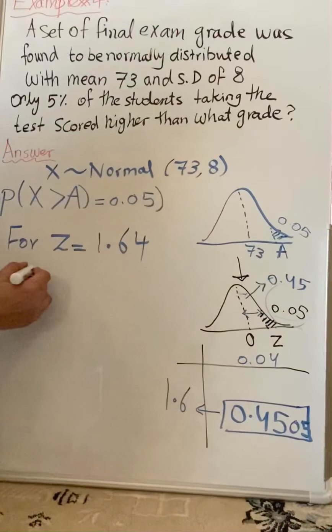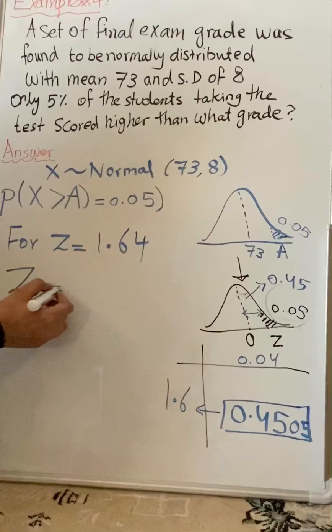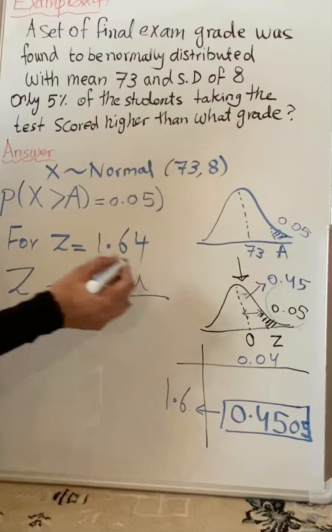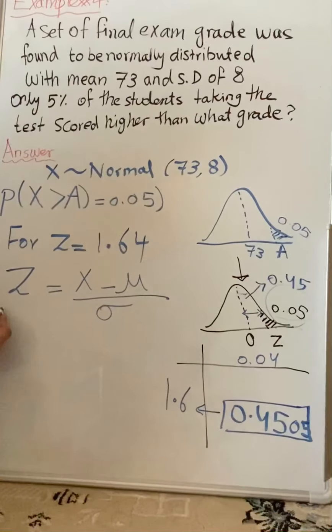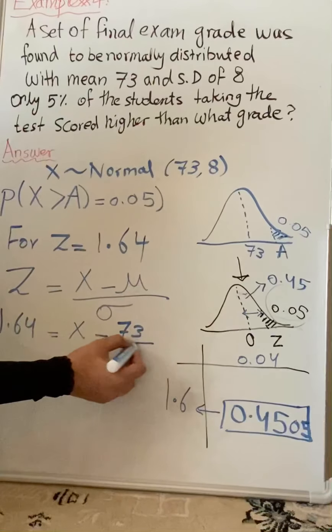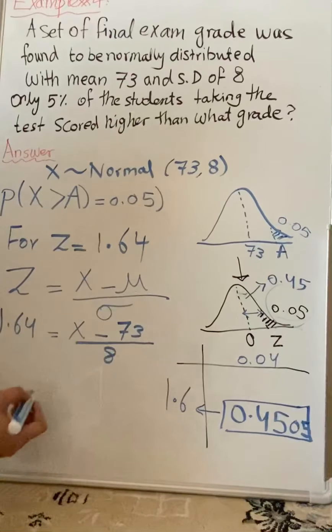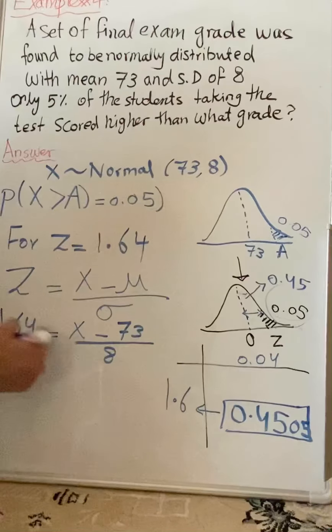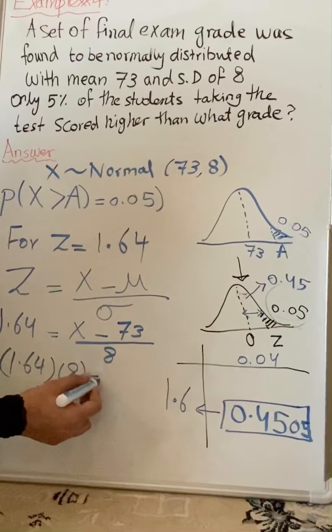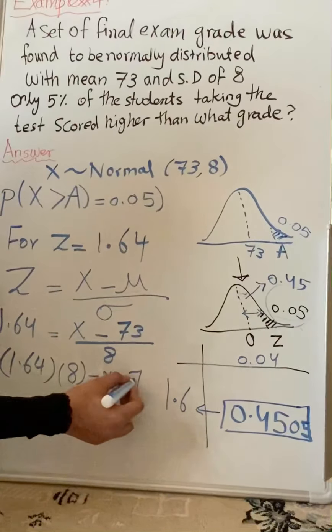We know that the formula of Z is equal to X minus mu divided by sigma. So you have the Z 1.64, you are searching for X, and you have the mu, which is 73, divided by 8. So you just cross multiply, you get 1.64 times 8 equal to X minus 73.